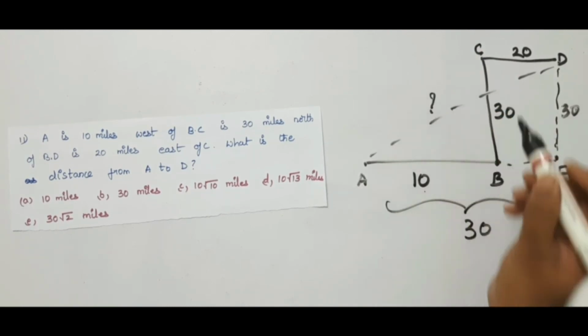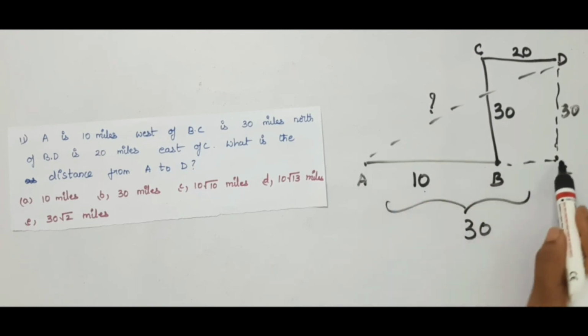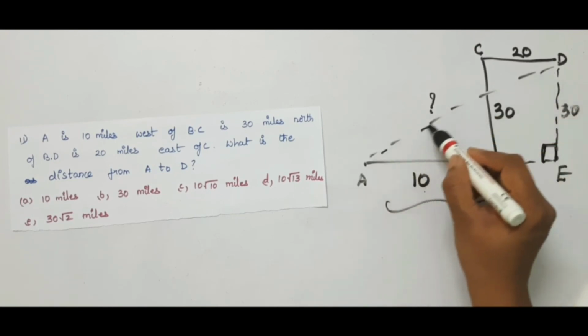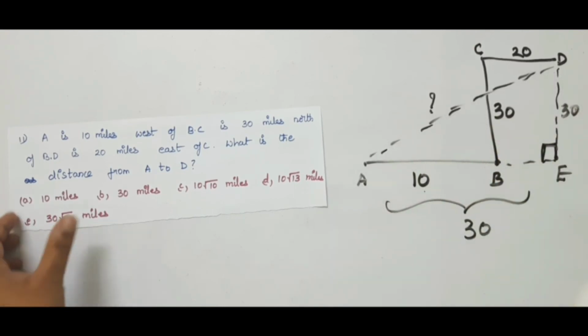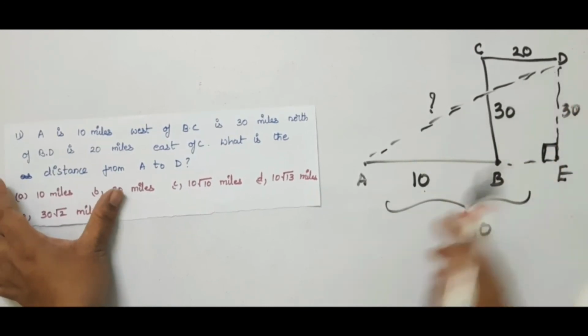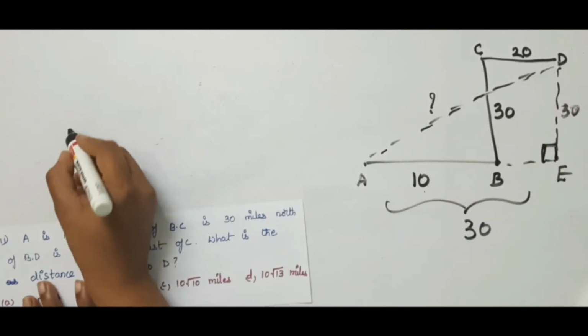This distance is nothing but, if you observe, this is a right angle triangle. This is 90 degrees. From the properties of a triangle, as it is a right angle triangle, AD is nothing but the hypotenuse.